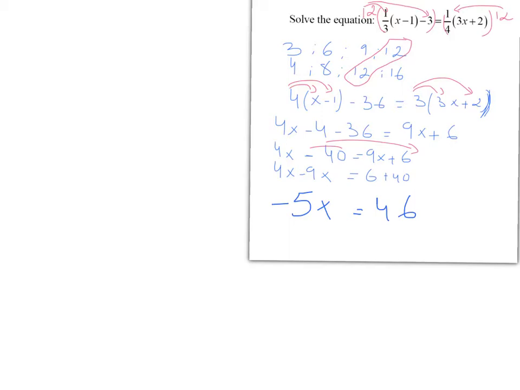Now we need to isolate x, so we can divide by negative 5 on both sides, and x will be minus 46 over 5.